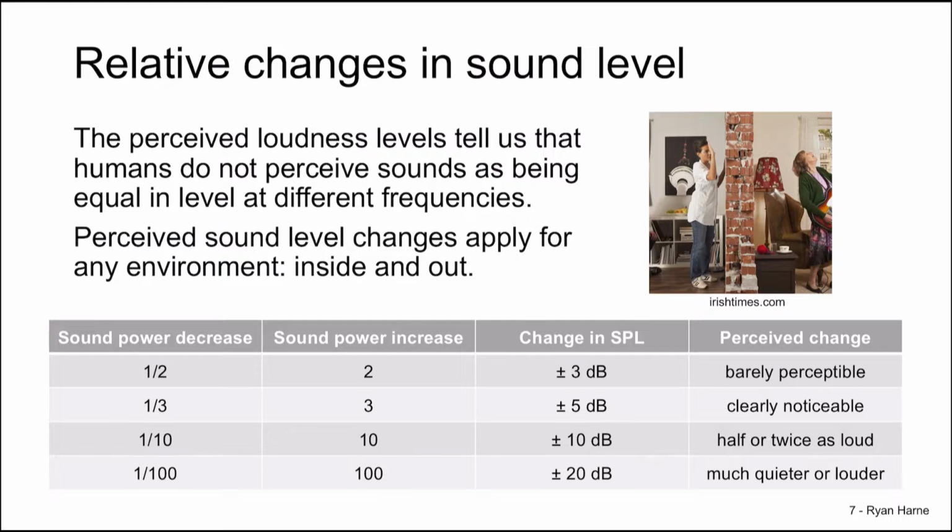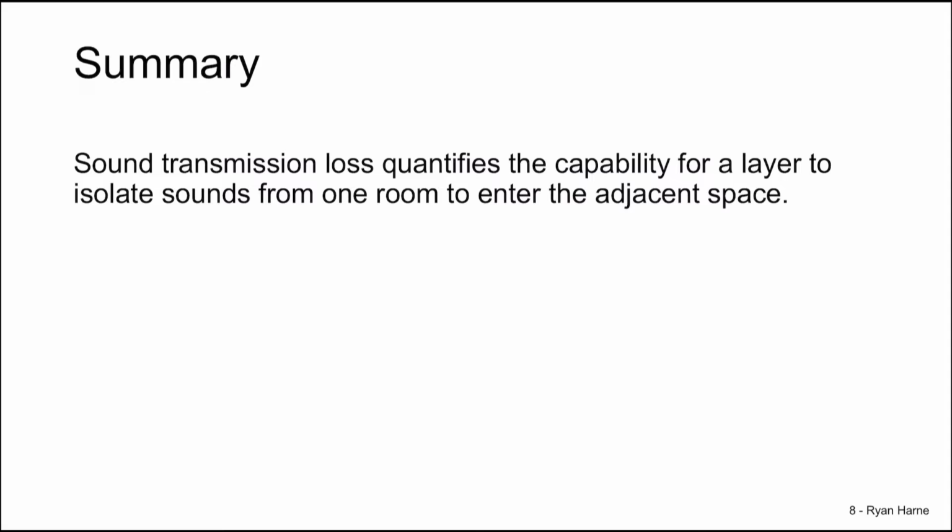So this tells us if in practice, in product design or product management, we need to have a significant change in the perceived sound levels of a product, there needs to be a tremendous change in the sound power radiated by that system. So let's summarize what we've learned.